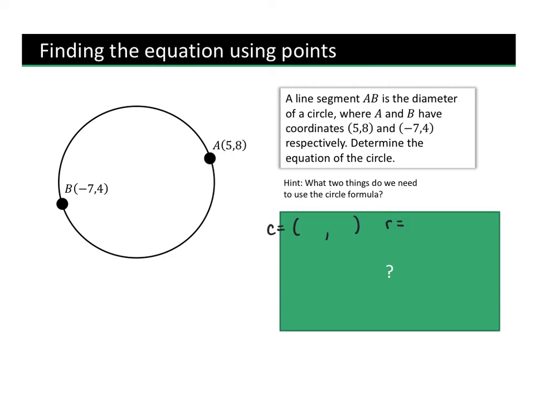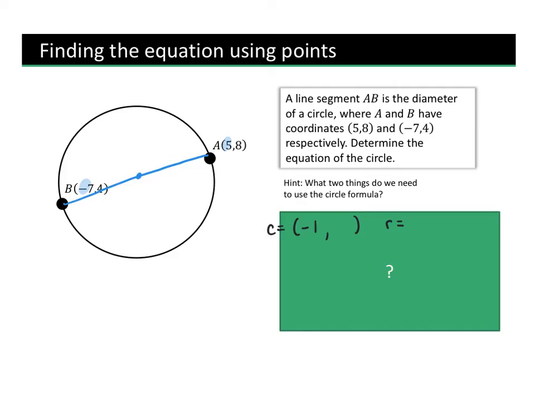So to find the centre, all I need to do is find the midpoint because it tells us this is a diameter, okay, and all diameters pass through the centre. So to find the midpoint, if I wanted to, I could do -7 plus 5, which is -2, divide that by 2, I'm going to get negative 1.